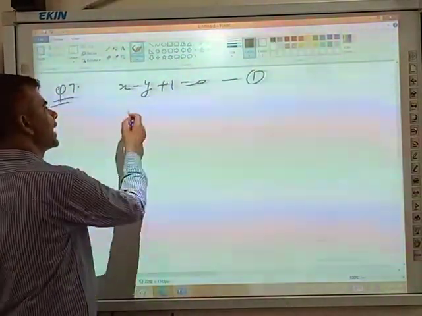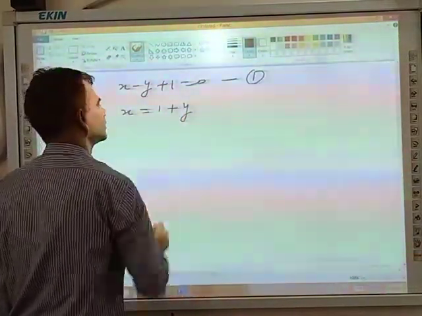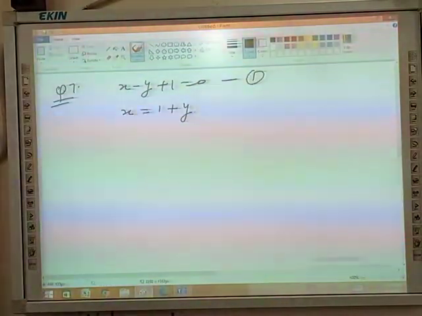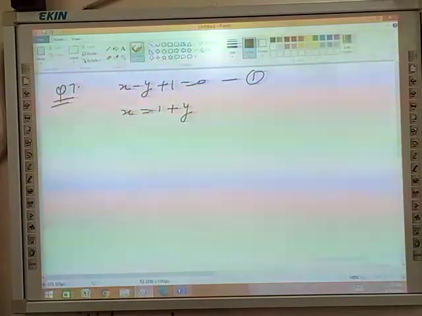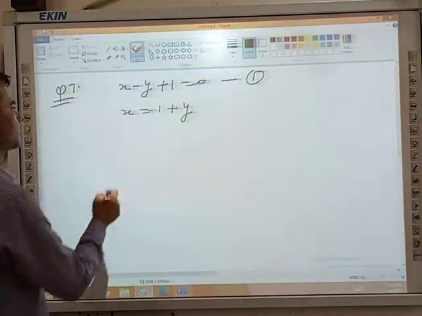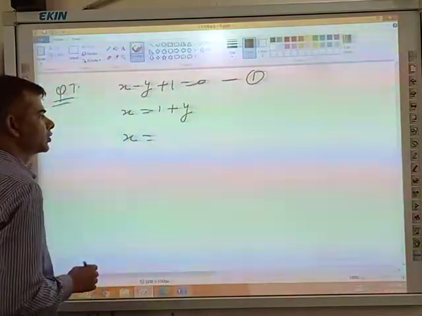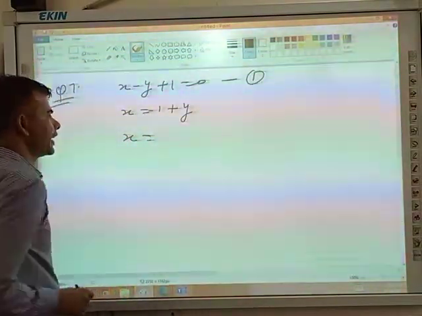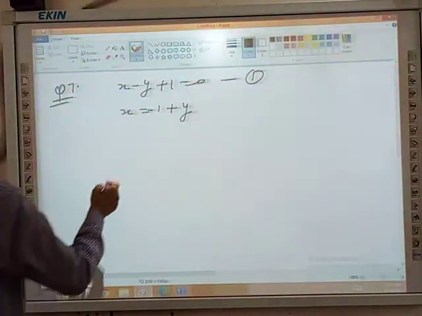Students, x is equal to 1 plus y minus 1, that is, x is equal to minus 1 plus y. Any doubt? No, sir. Take the points as examples. Now students, draw the tables.